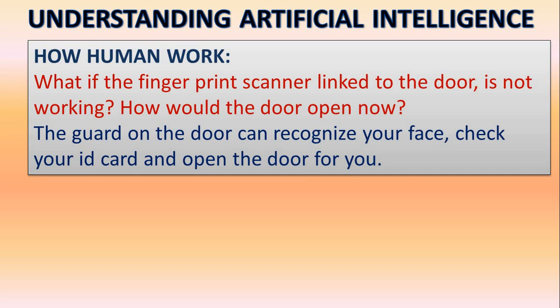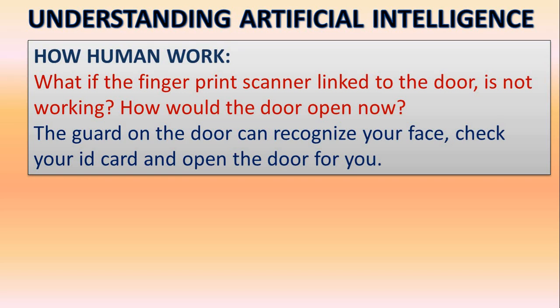Okay, so if your ID card is showing your identity, then according to your identity the guard will allow you in and open the door for you. So in this scenario, the guard is a human being and shows some kind of intelligence, and even though your fingerprint scanner is not working, you still get entry and the door will be opened for you because of the guard.